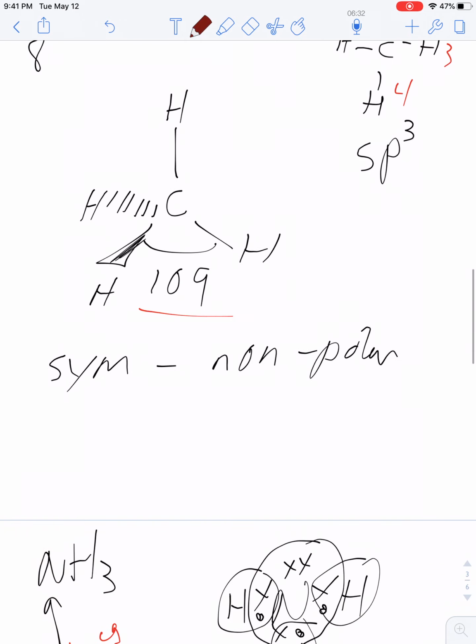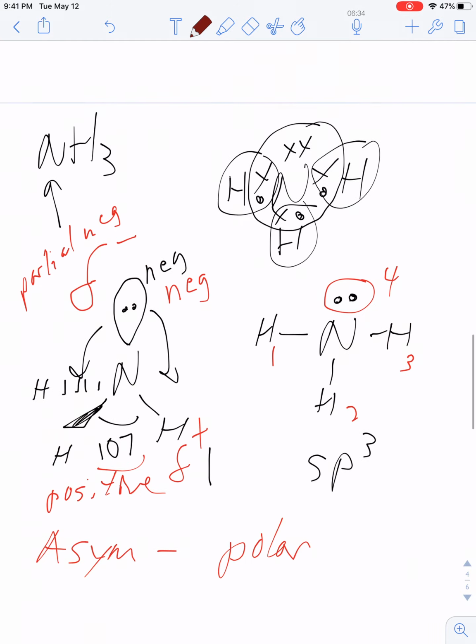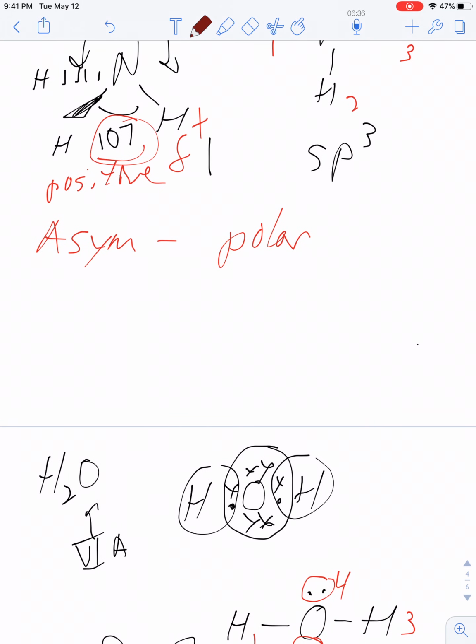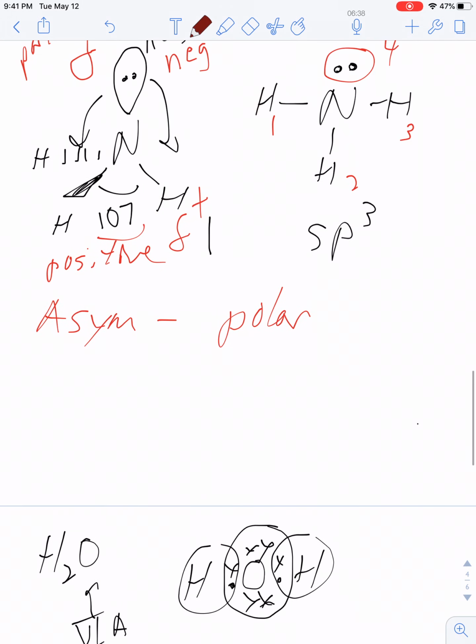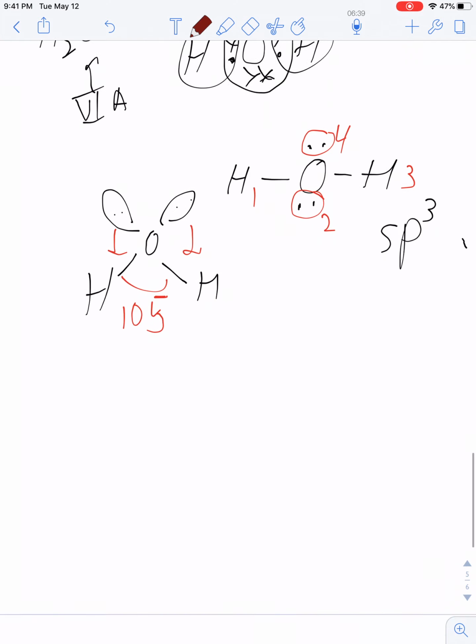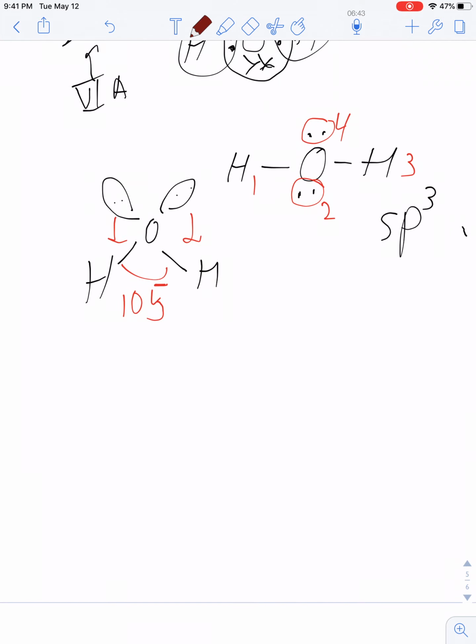It started at 109, then it went down to 107 from 1 lone pair, and then 2 lone pairs and it went down to 105. And that's where you get the name of this thing called valence shell electron pair repulsion. Pairs of electrons push the other atoms closer together.